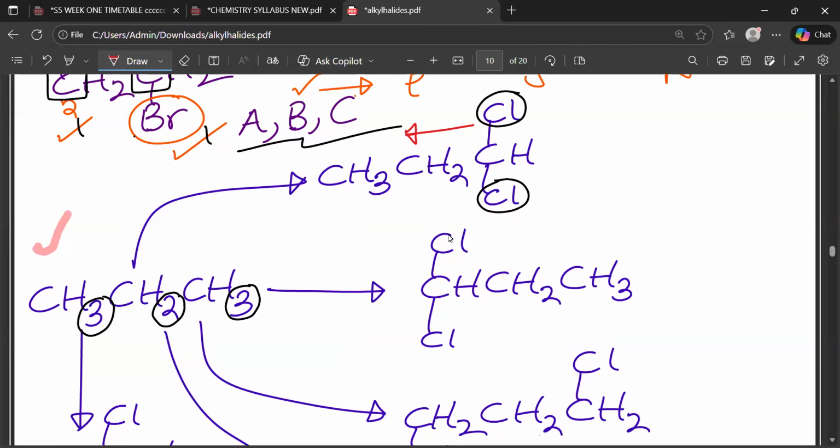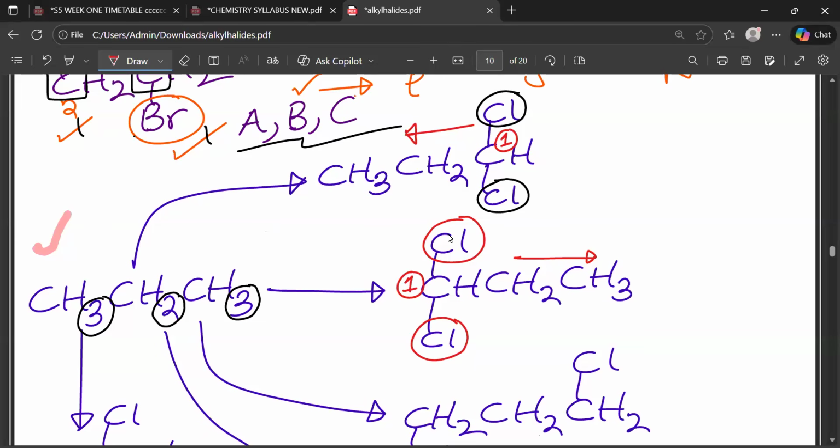So that we prioritize position number 1. Very important. So that we prioritize position number 1. Because here there are 2 of them on the same carbon, which is the first one, we shall follow that direction. And this one is also carbon number 1 because of the direction.